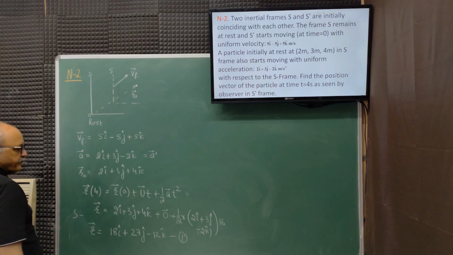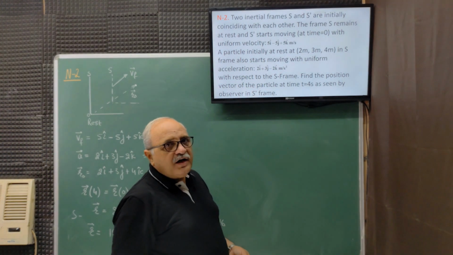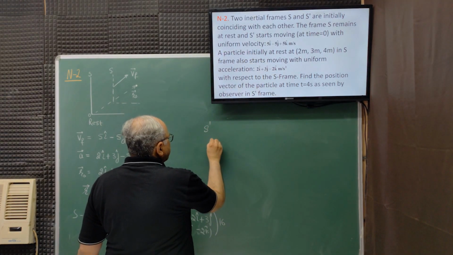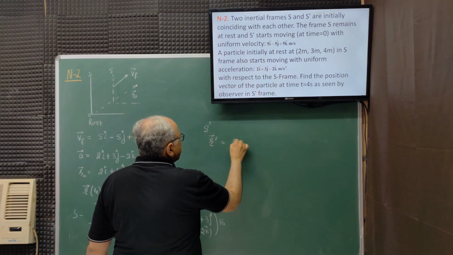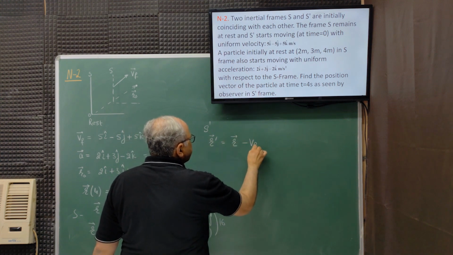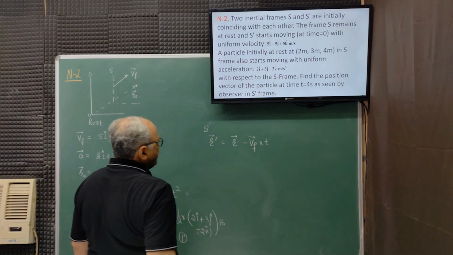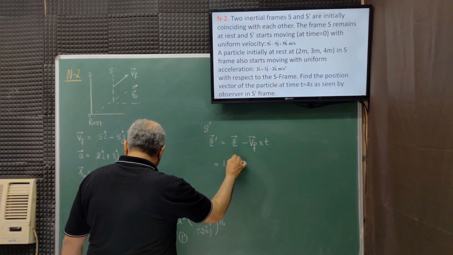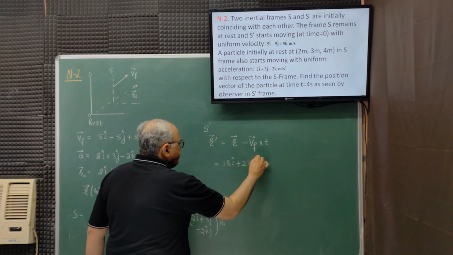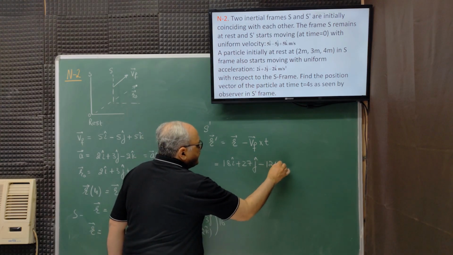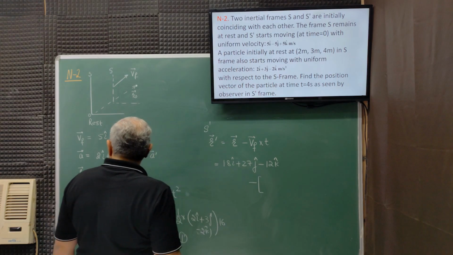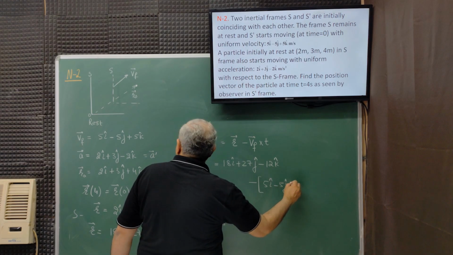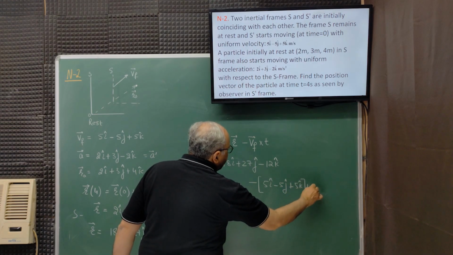But this is for S frame, and it's asked to find the position in S dash frame. So for S dash frame, the position vector will be given as the position vector in S frame minus the velocity of the frame into t. Already we have calculated r. R is equal to 18i cap plus 27j cap minus 12k cap, minus the velocity of the frame, this was 5i minus 5j plus 5k, multiplied by 4.